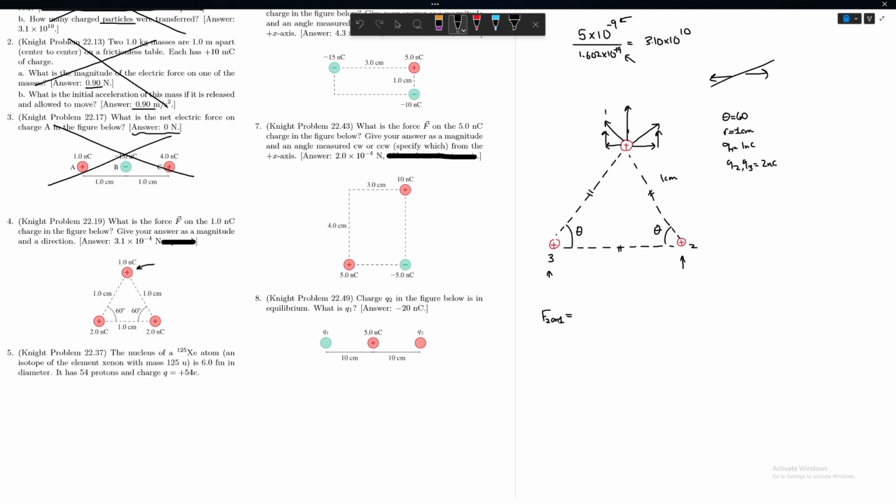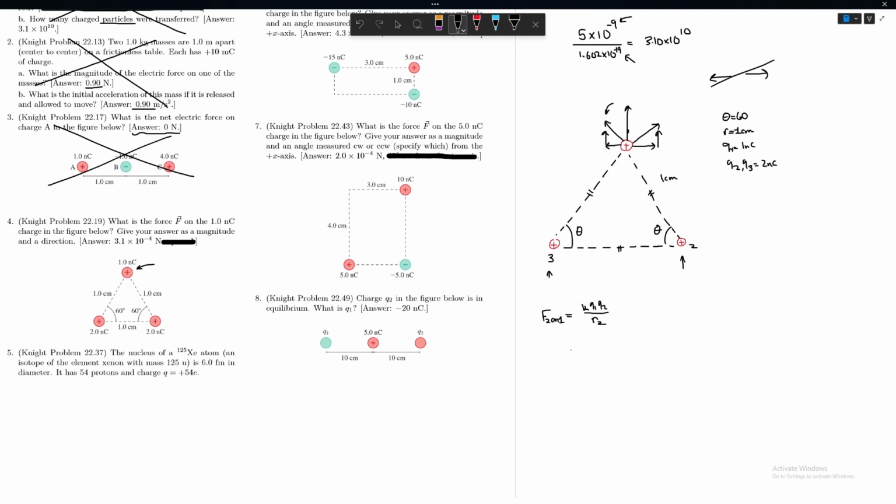And so now when I'm doing this, let's say force 2 on 1, and we know that would be this one, this force 2 that exerts on 1. The force 2 on 1 is k, charge 1, charge 2, all over the distance squared. They did give you the angle, but you might think you don't really need it. But yes, you do, because this will technically also change your magnitude, and we'll talk more about that in a bit.